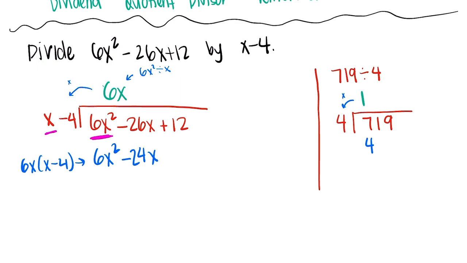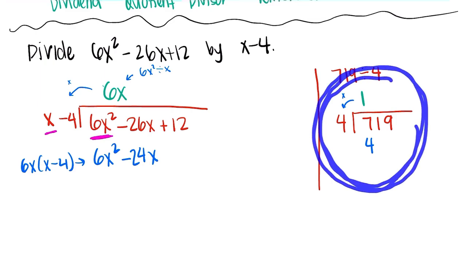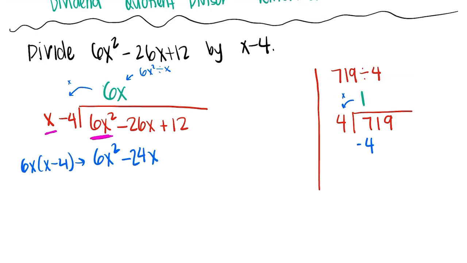Okay. After we multiplied over here, what did we do next? Subtract. So I'm going to take 7 minus 4, which is 3. We're going to do the same thing right here. We want to subtract, but when we subtract, it needs to be the whole thing that's being subtracted, so I need to make sure both of these get subtracted.